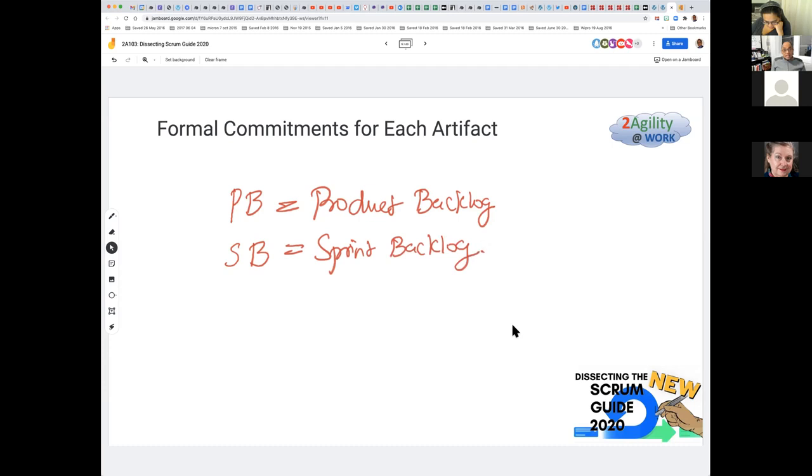And the third artifact that we have is the increment, or what we finish during the sprint. Now, how do we commit to a product backlog?